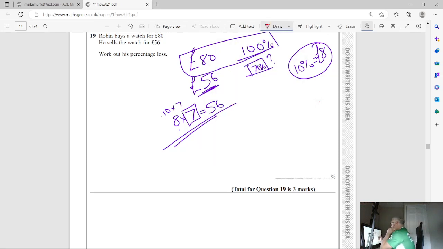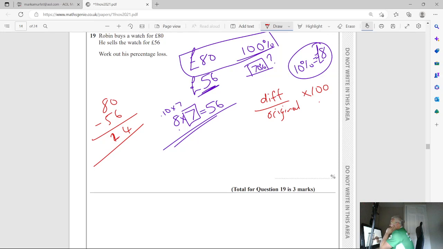Mathematically, what you're doing is you're saying, what's the difference? Divide by the original, and then times it by 100. So the difference, 80 take away 56, the difference is 24, sorry, 24. So 24 divide by 80.